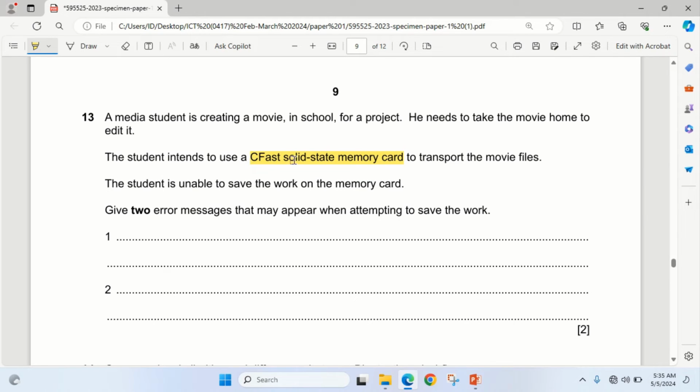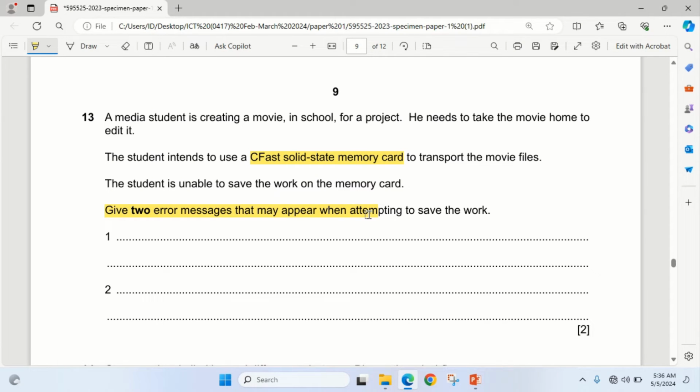You see that? Then the student is unable to save the work on the memory card. Give 2 error messages that may appear when attempting to save the work. So give 2 possible error messages that you may see attempting to save the work. So that is a very simple question.